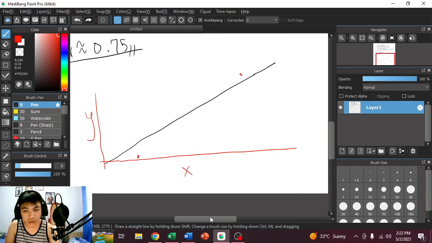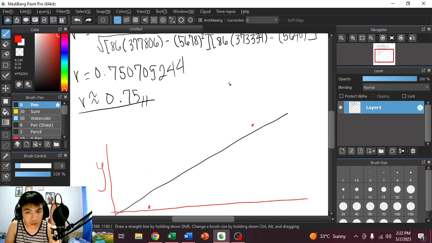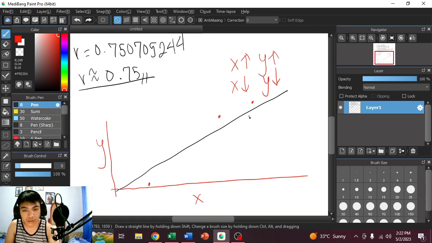So there's a direct relationship. It is directly proportional. Okay, so you can see that is what it would look like on a trend.